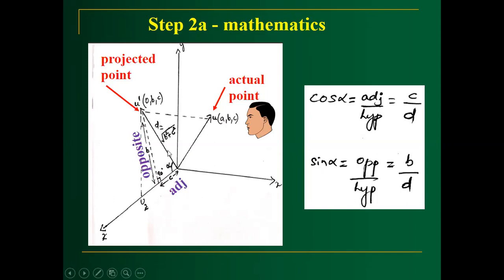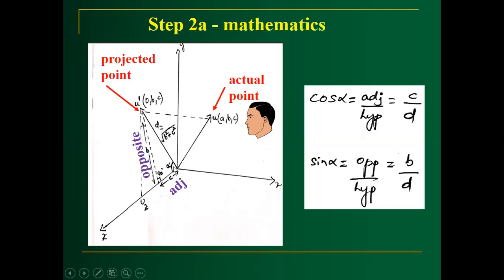Now to get the direction cosines, the rotation parameters, in the rotation matrices you saw cos theta, minus sin theta, cos theta. So to get those, draw a normal and then compute. Take this triangle: U dash, the origin, and the point where you drew the normal.